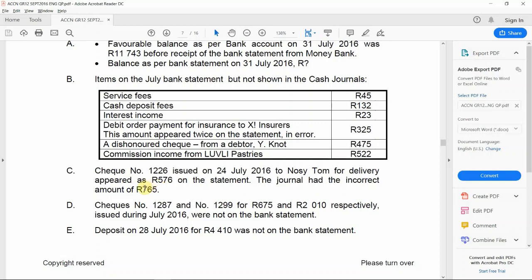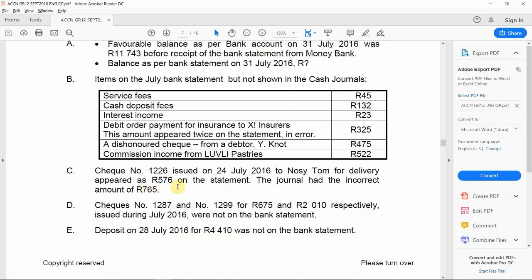So the amount that was too high, the difference between 765 and 576, we will have to record on the opposite of the cash payments journal, namely the cash receipts journal. So therefore, the money in our bank will now increase.